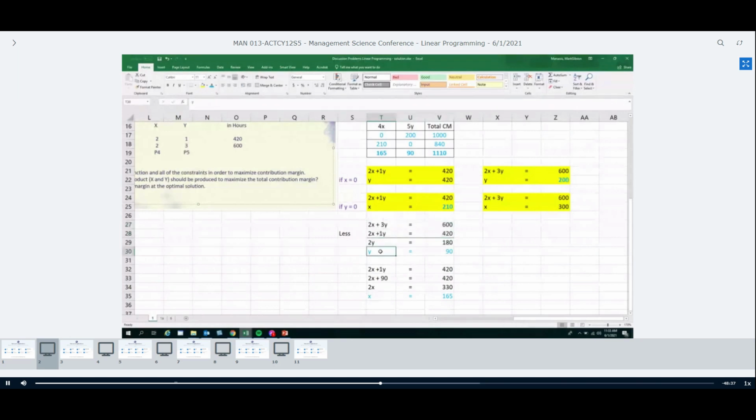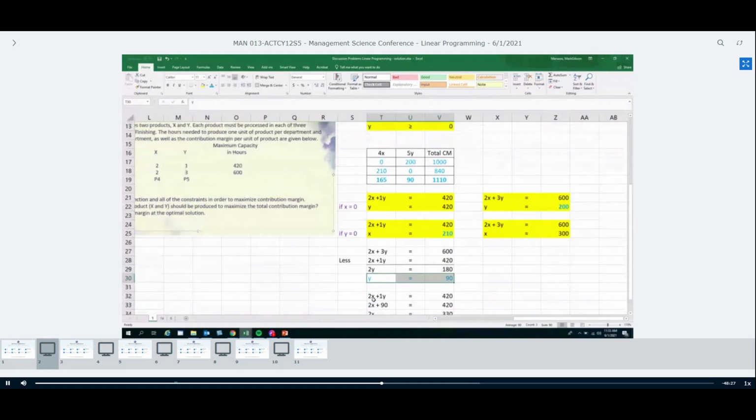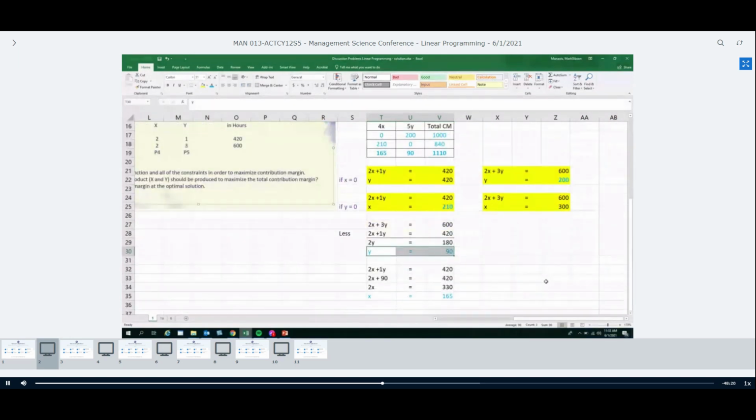So in this case, inuna natin yung y, and then we substitute it to get the other variable. Okay, so that's linear programming. Do you have any questions, class?